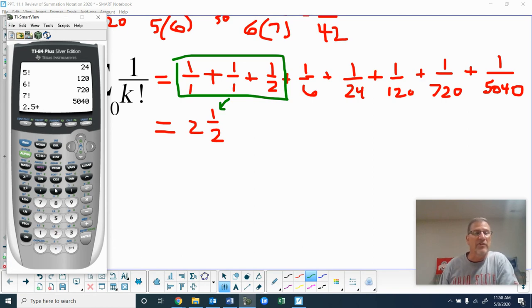Plus 1 over 6, plus 1 over 24, plus 1 over 120, plus 1 over 720, plus 1 over 5,040.